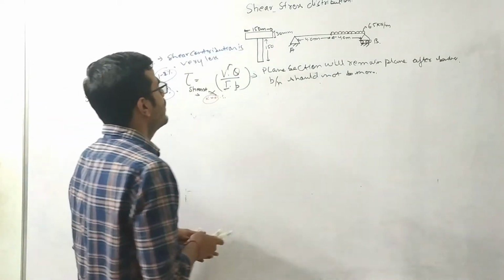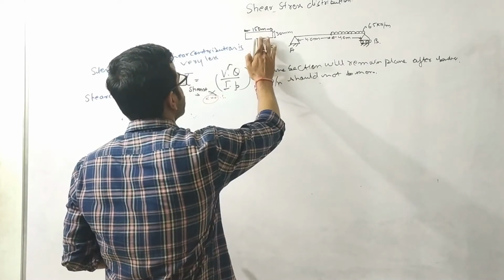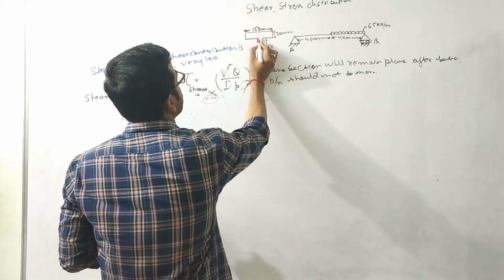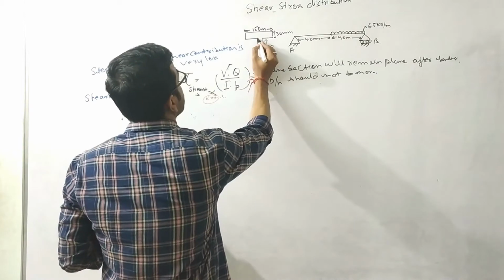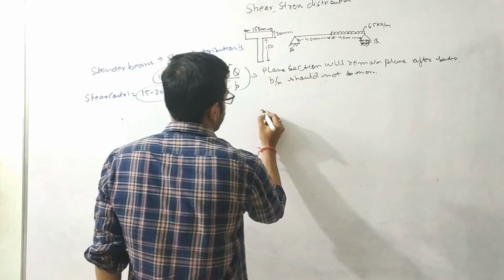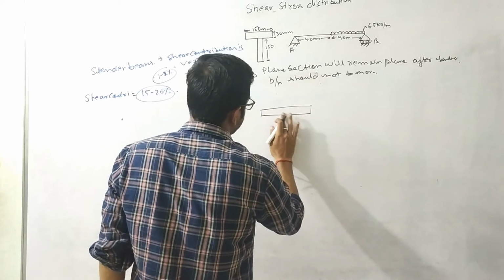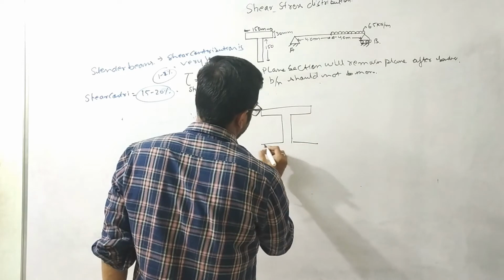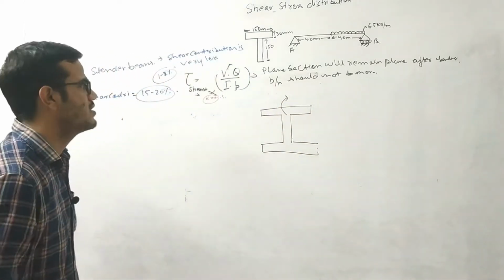And one more thing, at this junction point, where I'm joining this flange and the cross section area changes, at this portion also the results are not very reliable.